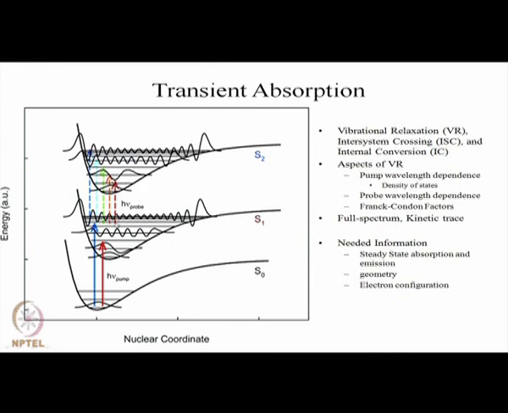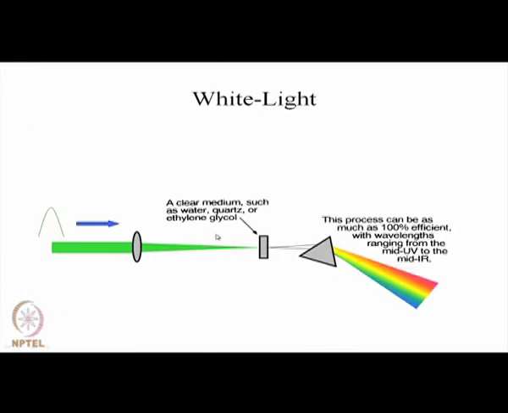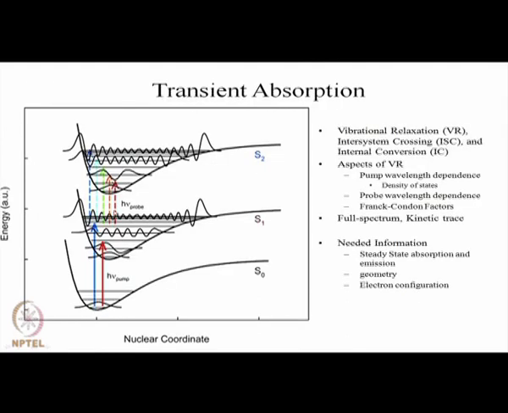The moment it is here, then you have another pulse which is called the probe pulse, and this probe pulse is basically, as I told you, white light, which means you have the option of selecting different frequencies. You may choose different frequencies like blue, then green, then red, or in between frequencies.